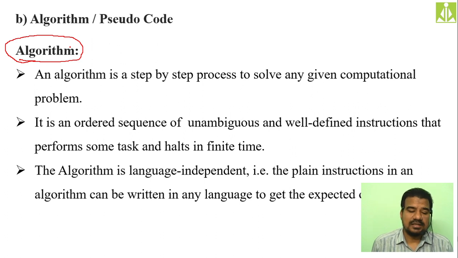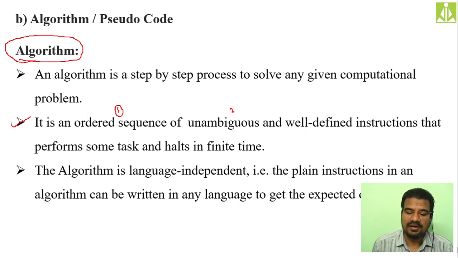Then this second definition is very important, because it involves a lot of technical terms. The simple definition we have seen has no technical terms, but in this second definition of the algorithm, we have a lot of technical terms which we need to analyze. The second definition is: an ordered sequence of unambiguous and well defined instructions that performs some task and halts in a finite amount of time. The first technical term is ordered sequence.